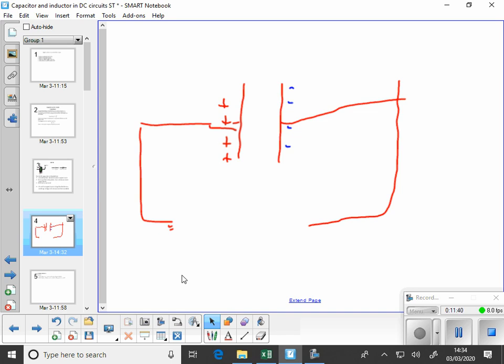So if you ever work on anything where there's capacitors, speed controllers are a prime example, when you take the cover off, if you're unsure whether it's discharged, find a fairly large value resistor and just touch it across the capacitor and give it time to discharge.